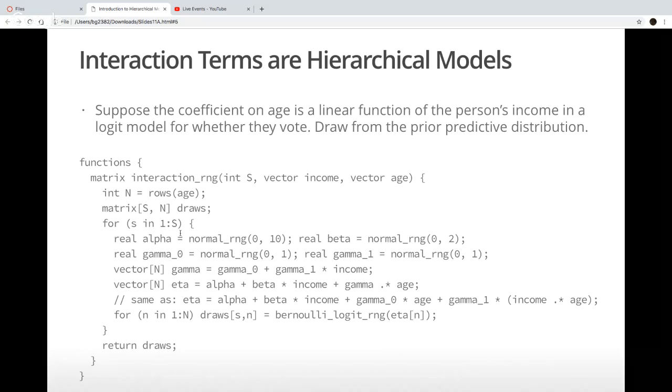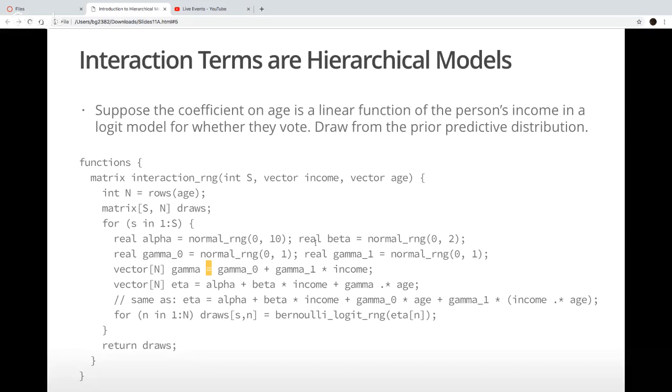So we draw the intercept alpha from some normal prior. We draw the slope on the income variable, beta, from a normal prior with a standard deviation of 2. Obviously, you could change all of those. And then I want to draw another intercept and another slope, gamma 0 and gamma 1 respectively, for this piece here.